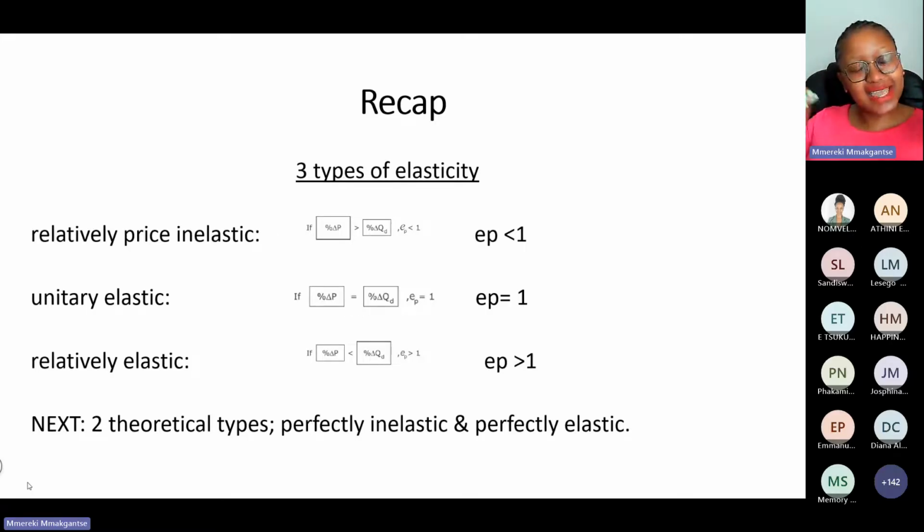With inelastic, if price were to increase by 50%, the quantity demanded doesn't change that much. It's relatively price inelastic. And then unitary is when our U and P are the same. The percentage change in quantity demanded and the percentage change in price are the same. Our coefficient will be 1.